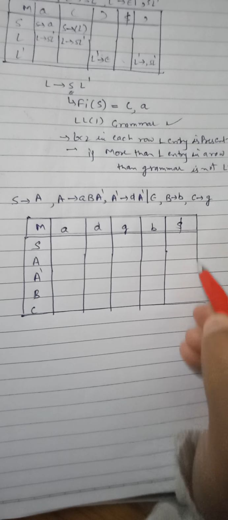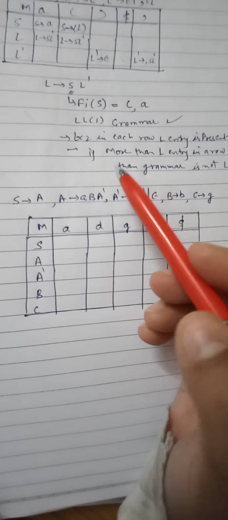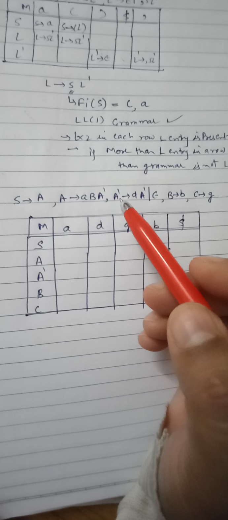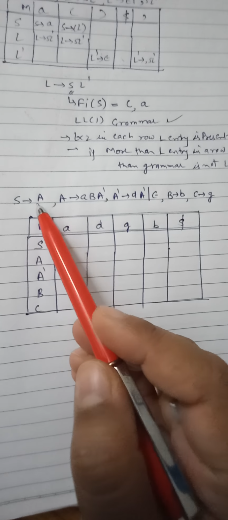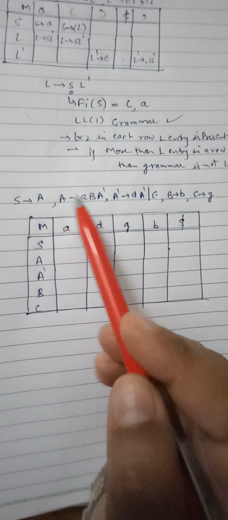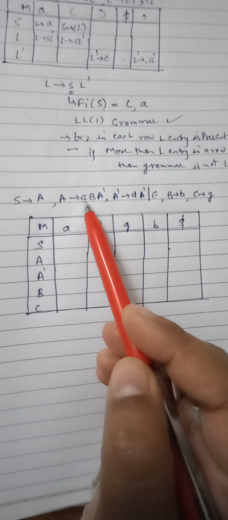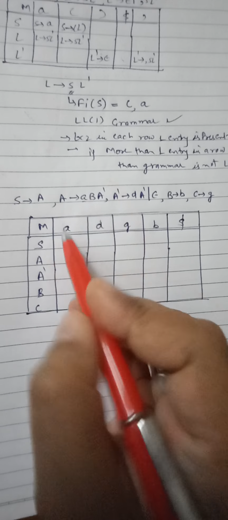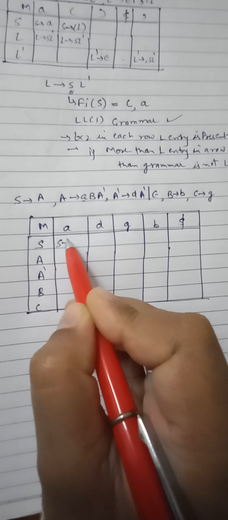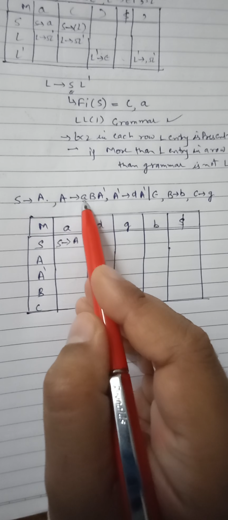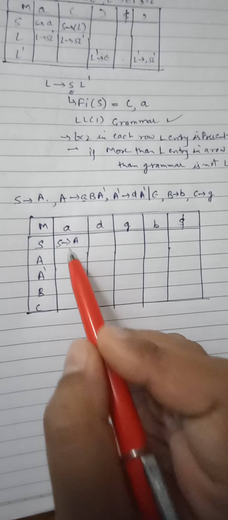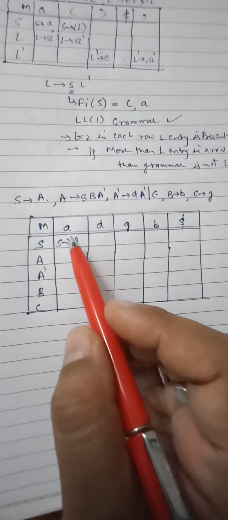So let's see whether the grammar is LL1 or not. Because S tends to A, and the first of A is small a, this will come here directly. In this production, S tends to A will come.